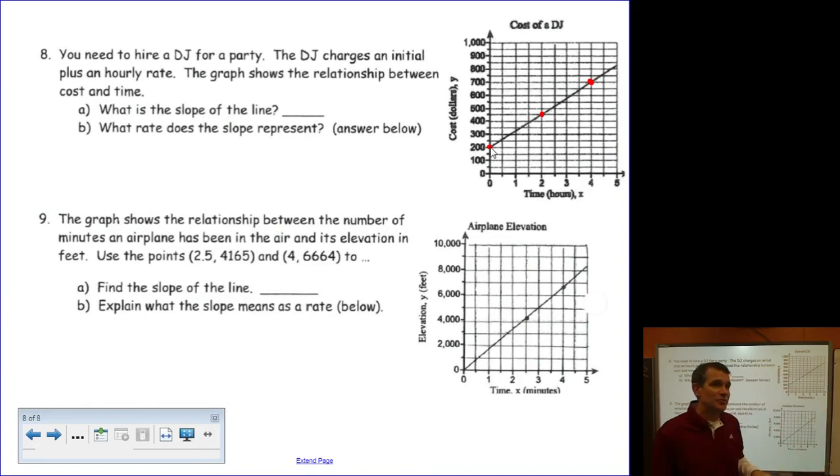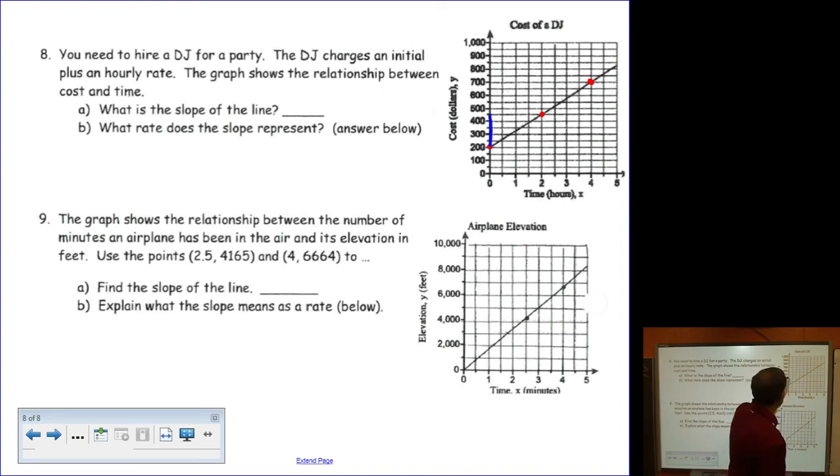So I'm going to find the rise over the run. I'm going to go ahead and make my triangle. Now again, you need to pay attention to the scale. On the y-axis, it is going by 50s. So this would be 50, 100, 150, 200.